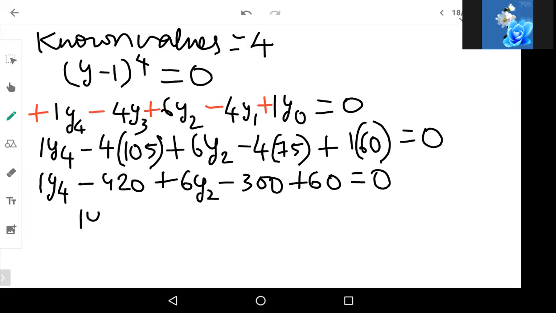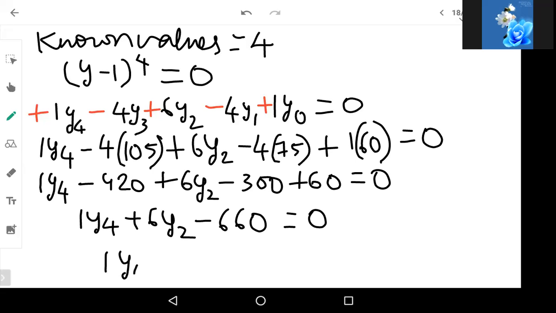Now 1y4 plus 6y2, keep it on one side, take all the numbers, do the addition and subtraction. You will get minus 660 is equal to 0. Now, if you take the constant to the other side, 1y4 plus 6y2 is equal to 660.